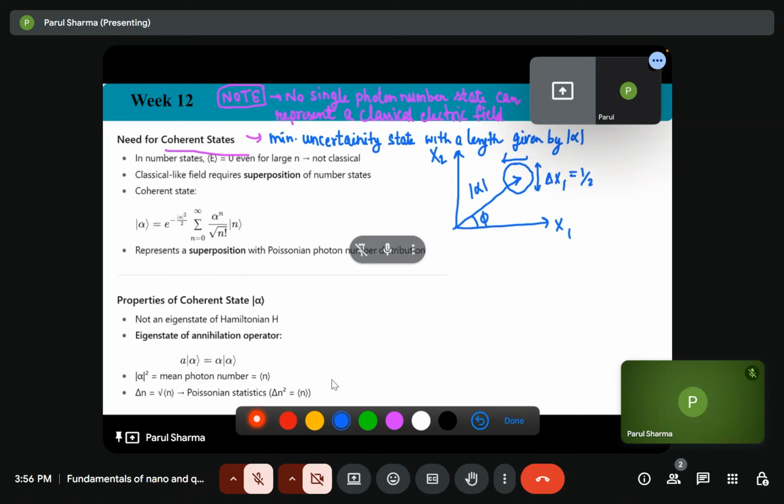We can define alpha is equals to x1 plus iota x2, in terms of amplitude and phase, exponential iota phi.